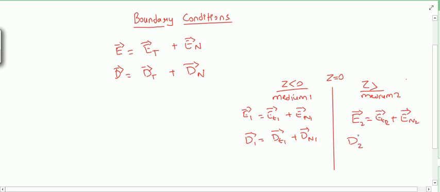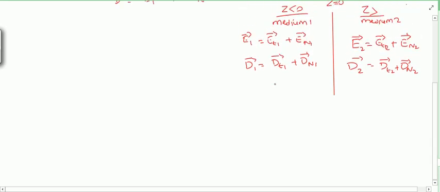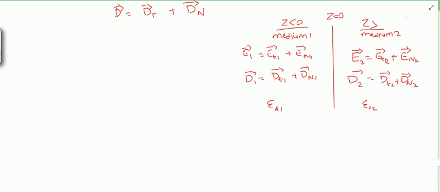Similarly, the electric flux density has one tangential component and one normal component, like this. So are E1 and E2 the same, or are D1 and D2 the same, or what is it? Let's see. For the boundary, this medium has a different value of electrical permittivity. Suppose epsilon 1, or we can say epsilon r1, the relative permittivity, is different. Here epsilon r2. So what changes when the electric field goes from one region to another?